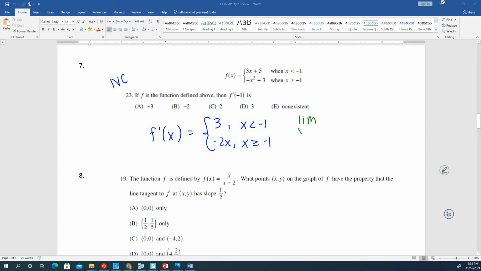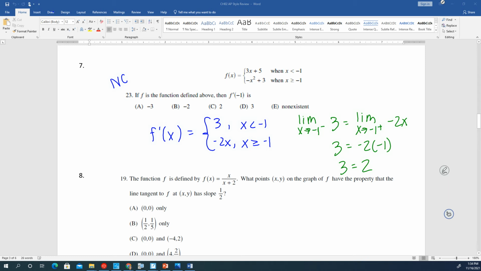As x approaches negative 1 from the left, I would use 3. From the right, I would use negative 2x. Then I plug in negative 1 with direct substitution, and I get 3 is equal to 0.